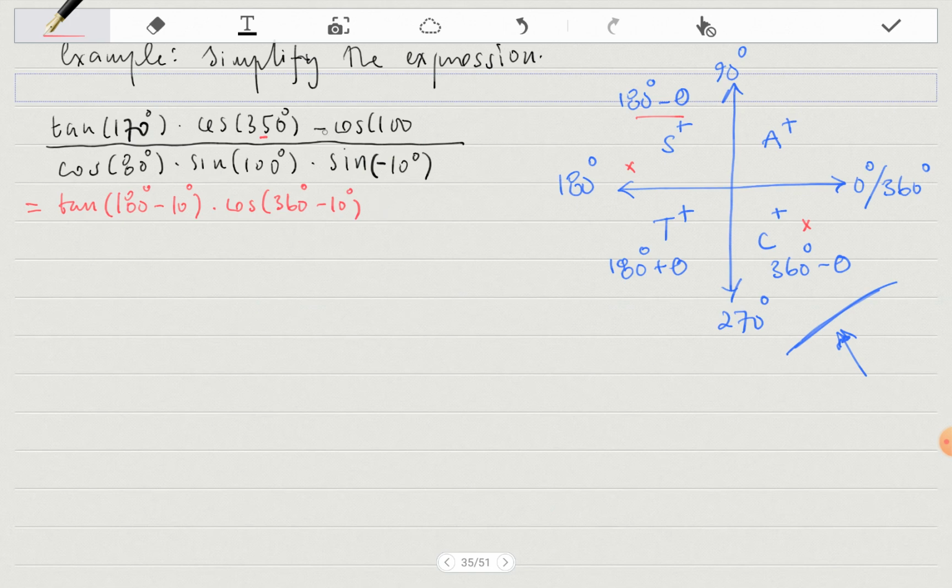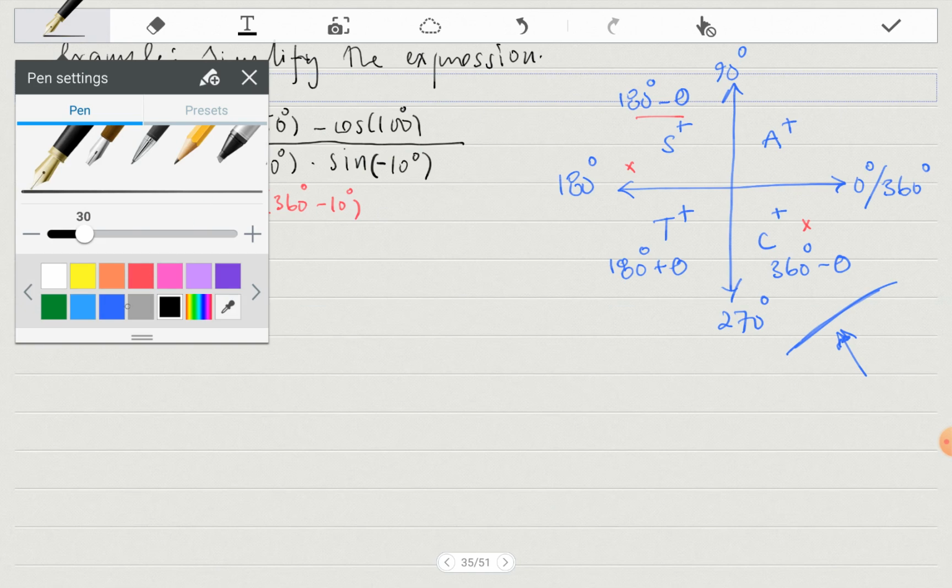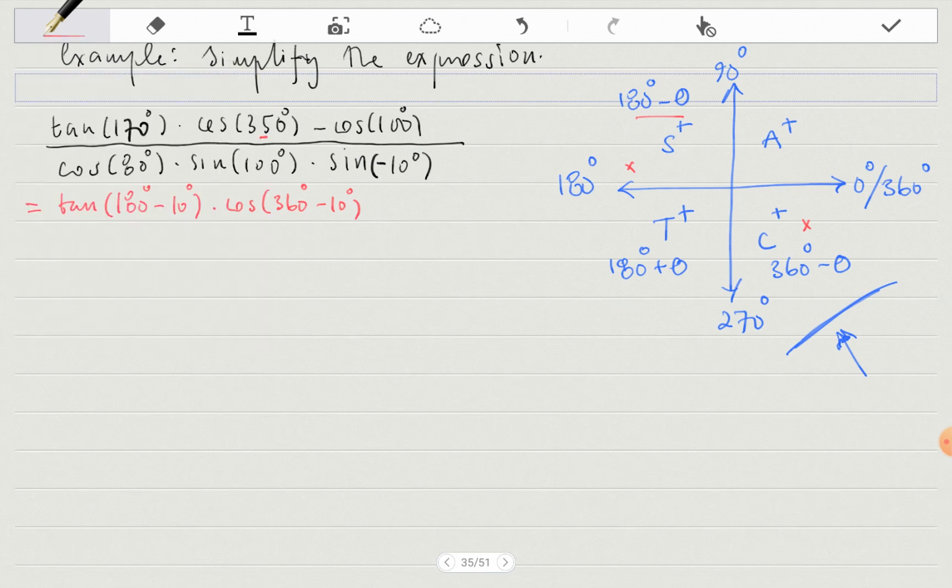Then cos of 100 degrees. Where can we put that? That goes into the second quadrant again, so that would be minus cos of 180 degrees minus 80. Getting on down to the denominator: cos of 80 degrees is not going to change because it's acute.